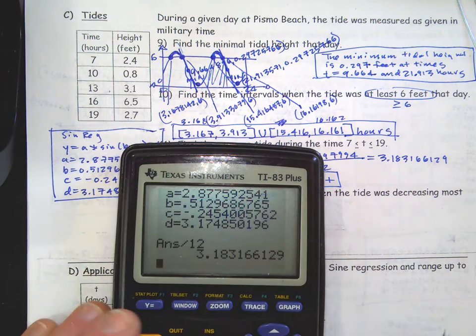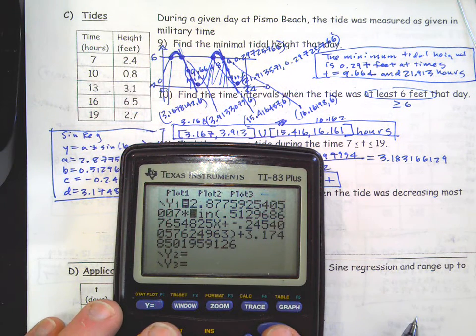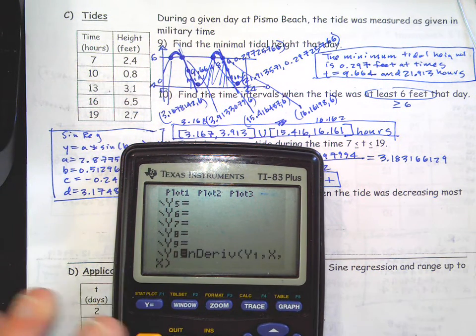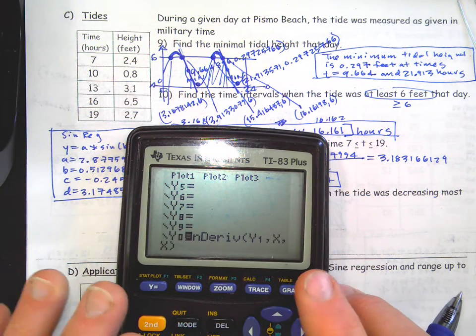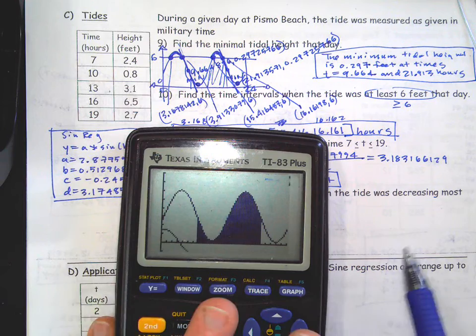So we're going to trick our calculator into graphing the derivative graph. We could leave that on, and then we go down here and turn this one on, or retype it in. If we hit graph, it graphs it here. So we're kind of missing some of it, but it should line up.